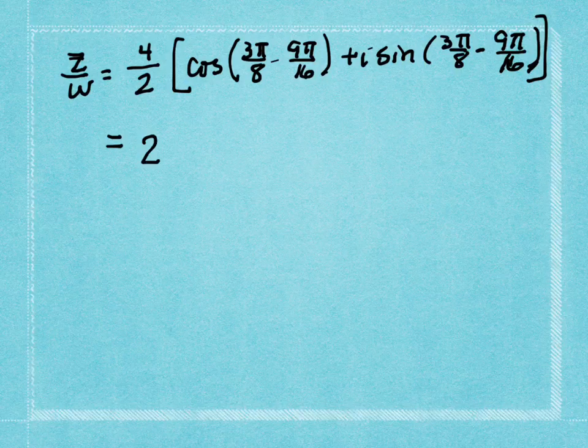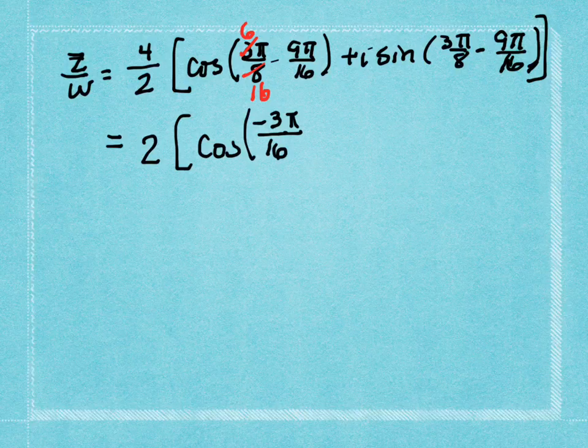And 4 divided by 2 is 2. And then just like on the last slide, this needs to be 16 and 6. So we end up having the cosine of 6 minus 9, which would be negative 3 pi over 16, plus I sine of negative 3 pi over 16.